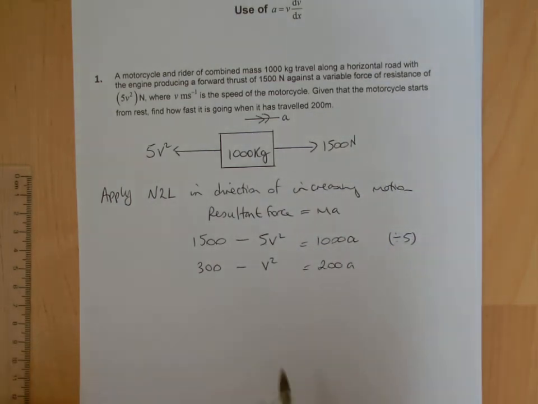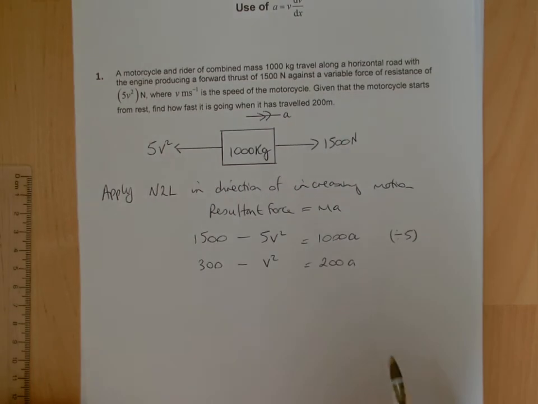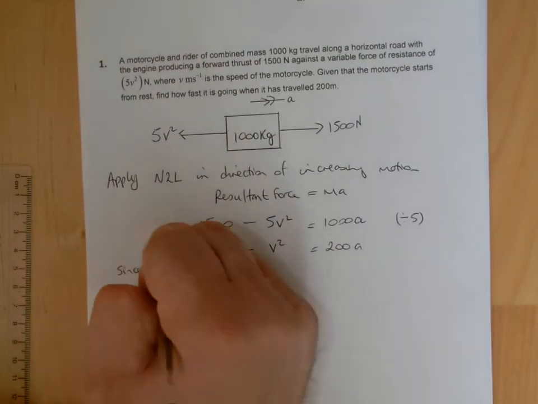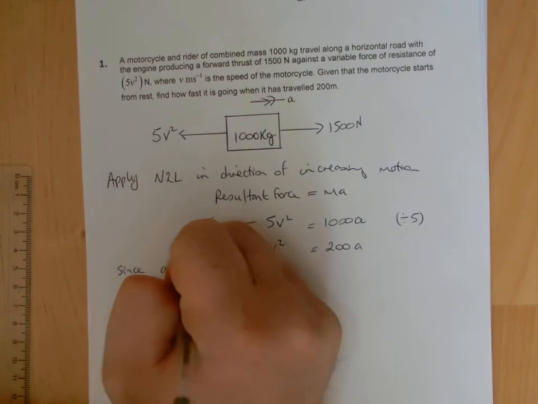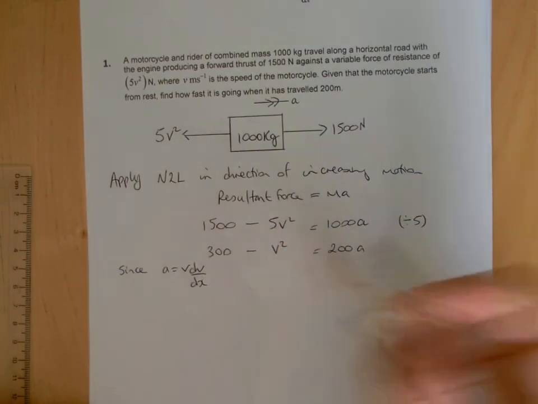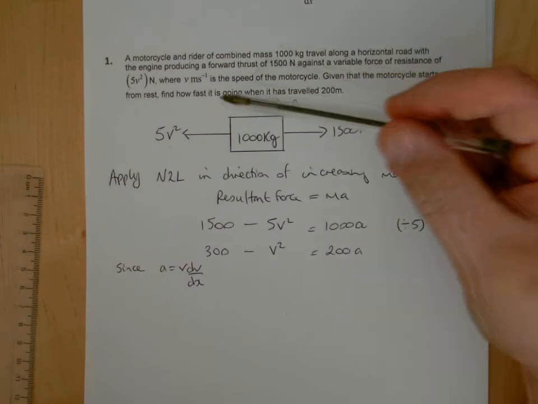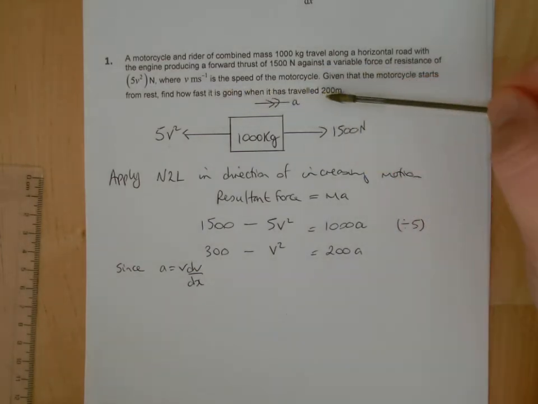Then we're going to replace a with a differential. In cases before, we said a was dv by dt, but in this case, since a is equal to v dv by dx, I'm going to use that this time. The reason is, it says how fast is it going when it's travelled 200 meters.